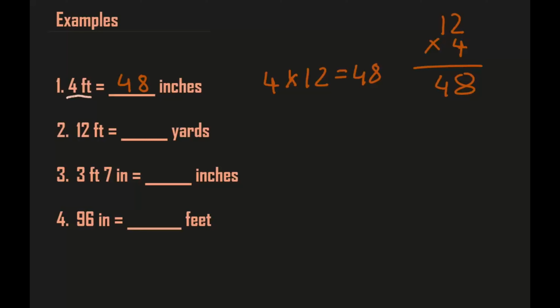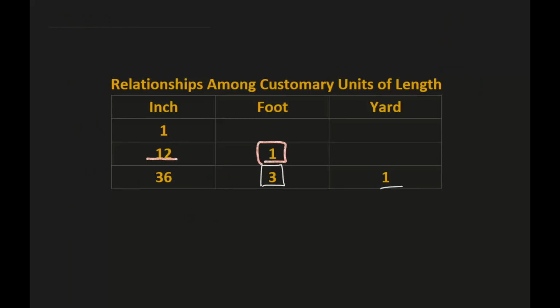What we'll do is we're going to divide this time, because we're converting from feet to yards. Right here we have 3 feet and then we have 1 yard. So that's 3 feet is 1 yard.